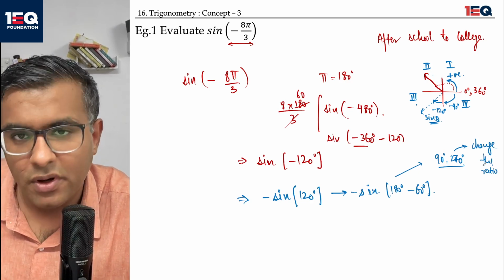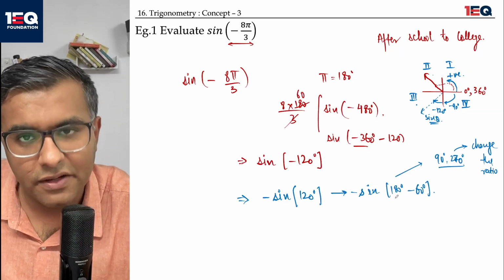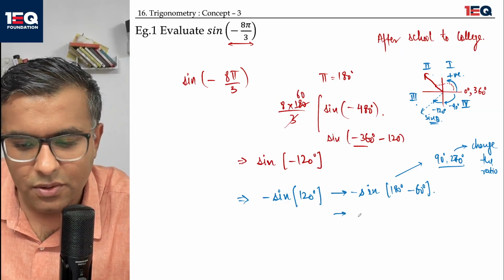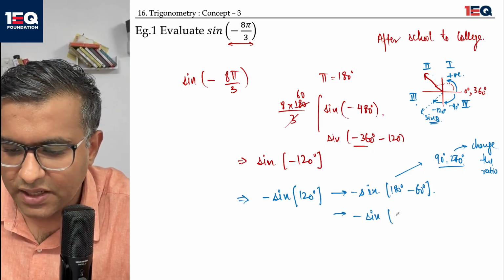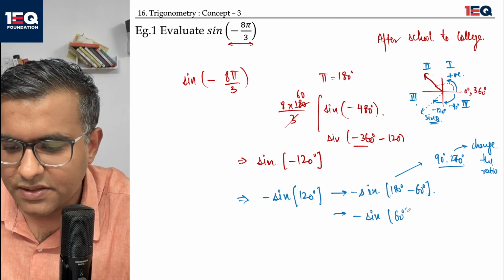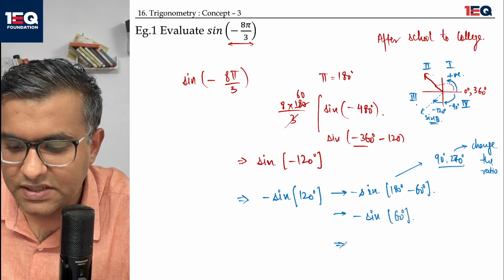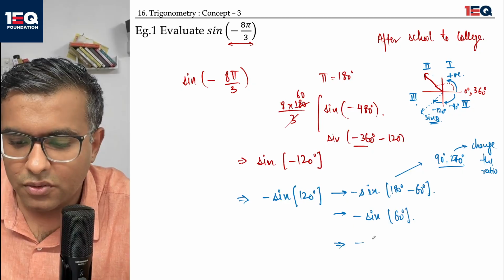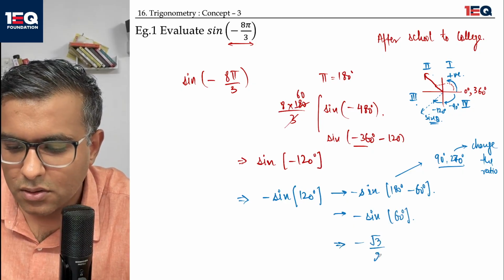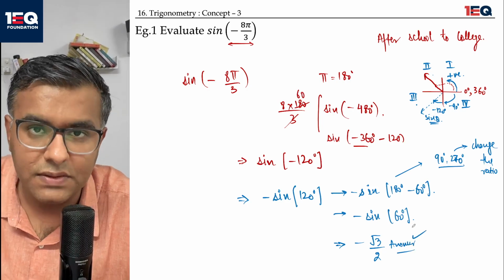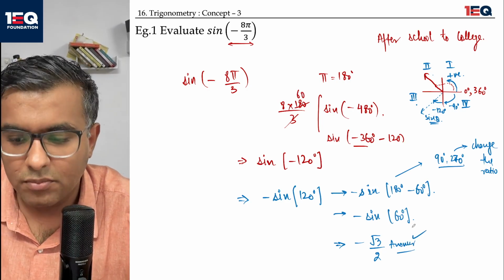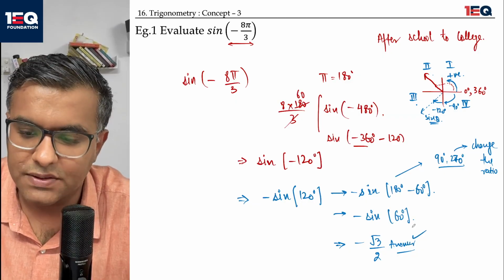Change the ratio to what? To its complementary part. But we are dealing with 180 degrees. That means we don't have to deal with the complementary part. We can simply write minus sin 60 degrees here. The value of sin 60 degrees is going to be root 3 by 2. So minus root 3 by 2 is my answer. Right? Minus root 3 by 2 is my answer.